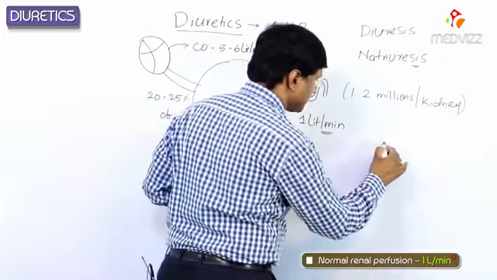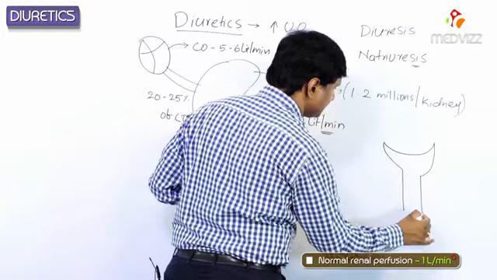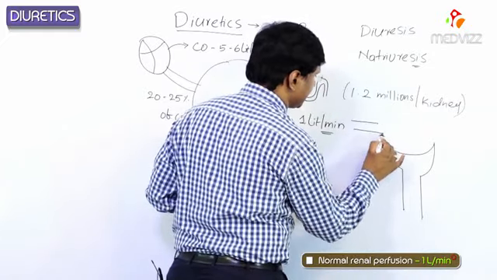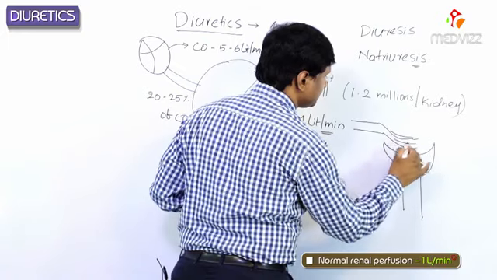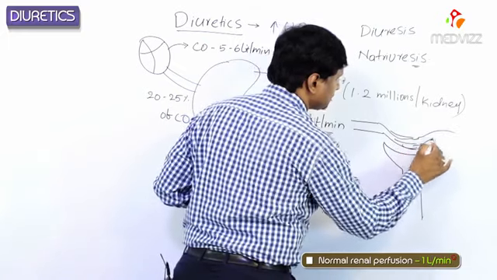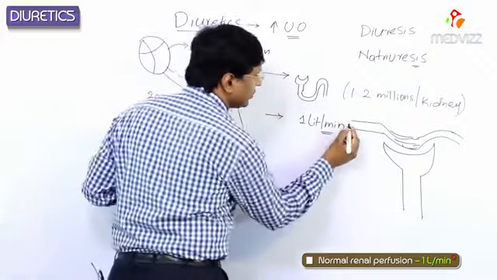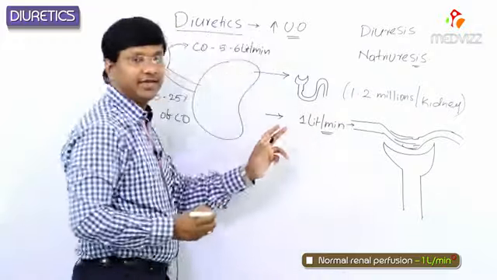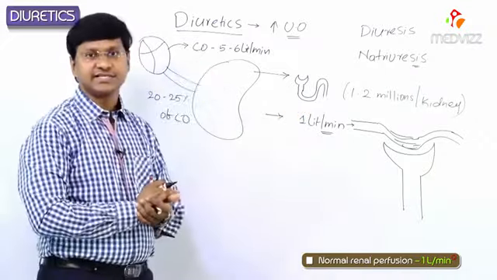So take this as the nephron: this will be your afferent arteriole, this will be your glomerulus, and this will be your efferent arteriole again. So nearly 1 liter will be your renal perfusion out of your 5 to 6 liters.